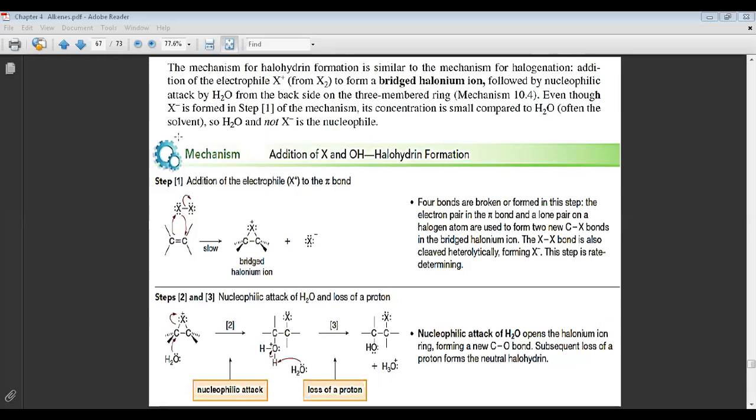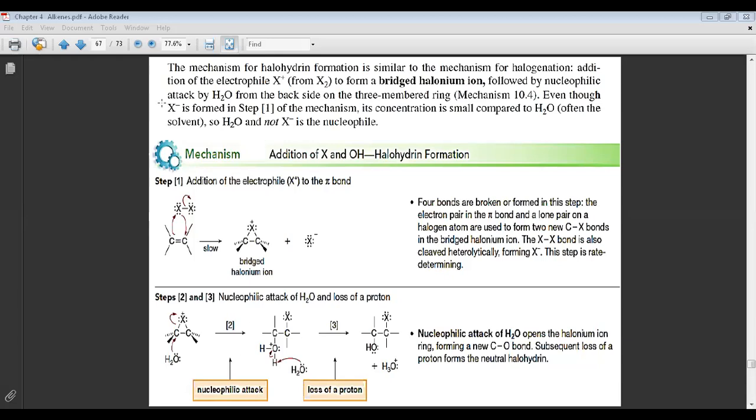Even though the halide minus will be formed, it will not attack from the backside, just because the H2O is ready in the reaction mixture, and it will directly attack the carbon of the bridged halonium ion.